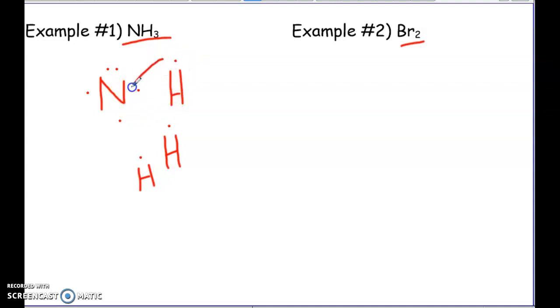So what's going to happen here is this electron from nitrogen will share with this hydrogen electron. How we show the sharing of electrons is we basically draw like a circle to show that they are now connected. So like this electron and this electron are being shared.